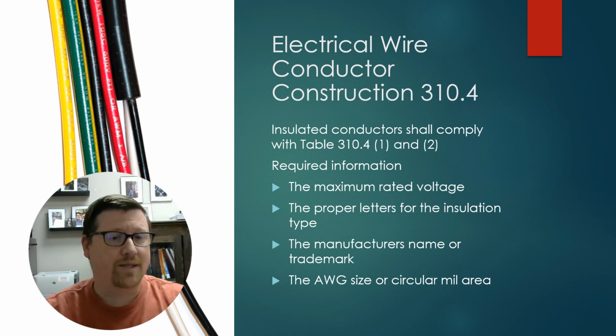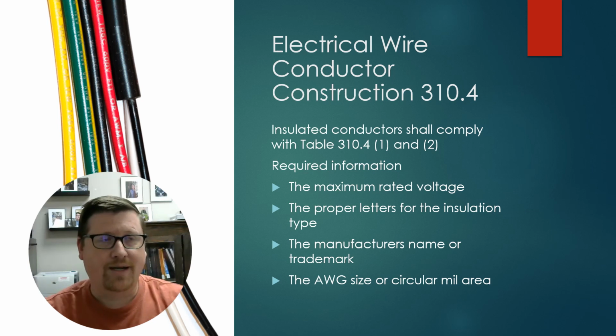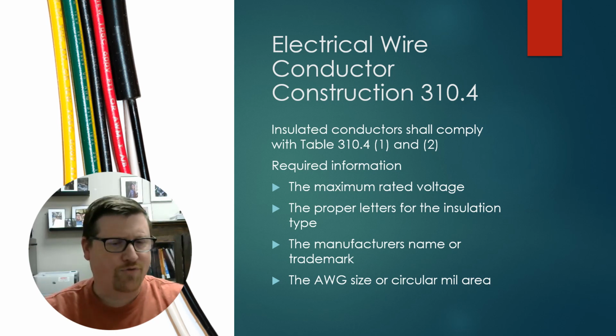One thing all electrical wire is required to have is that it's got to be marked, right? It has to be marked with the maximum rated voltage. It has to be marked with the proper letters for the insulation type. We're going to talk about what that means in just a second, right?